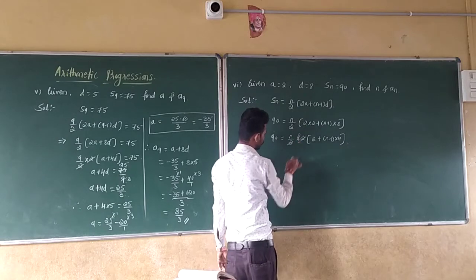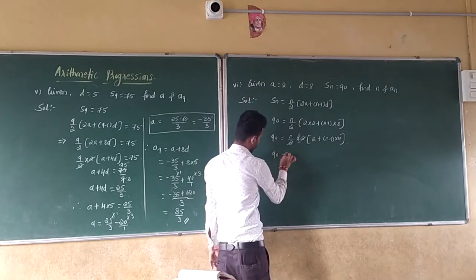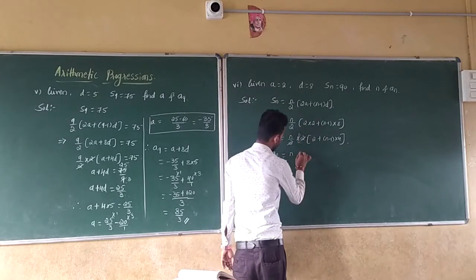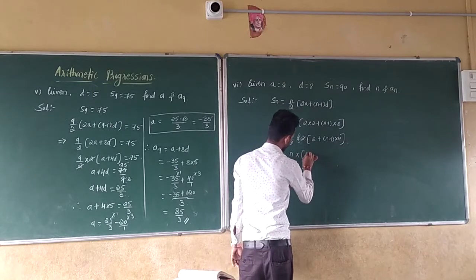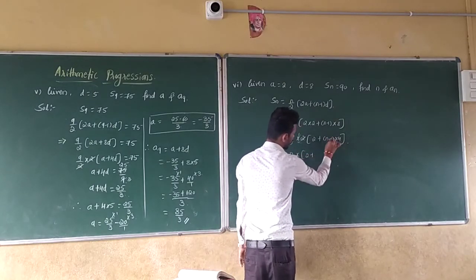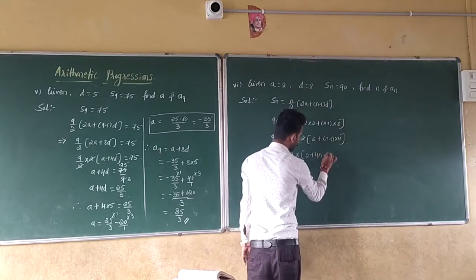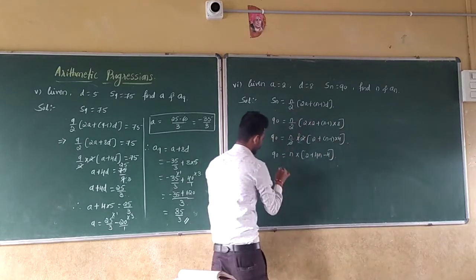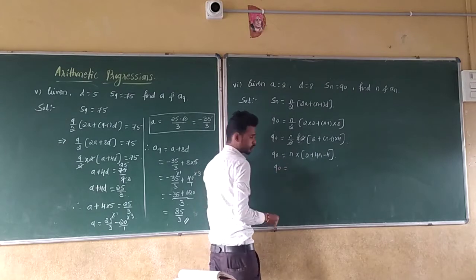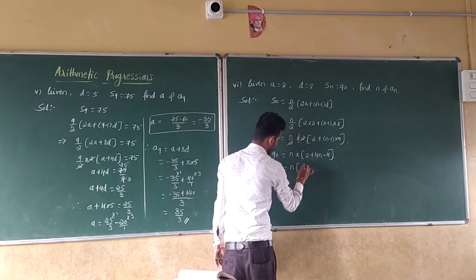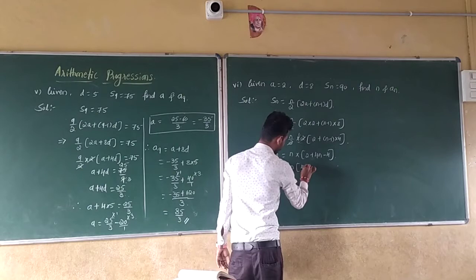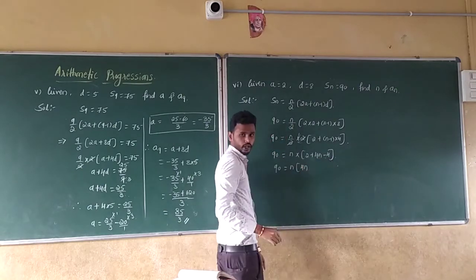So here 2 and 2 get cancelled. So 90 equals n into 2 plus 4 into n, 4n minus 4 into 1, 4. So 90 equals n into bracket 4n, 2 minus 4. What do you get as the answer?